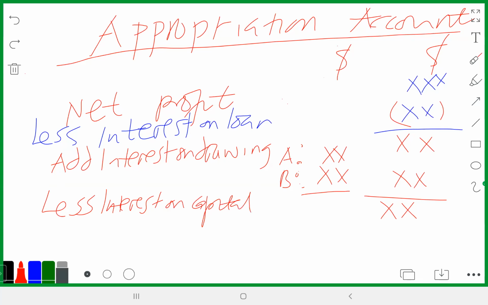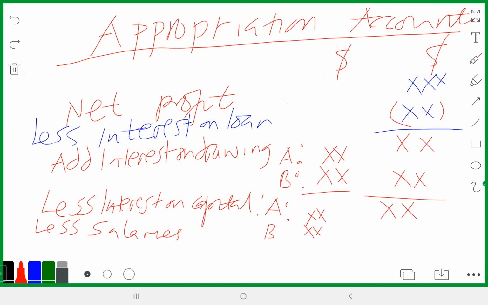This is the format. The format is very important always. So less the interest on capital. Let's say we have 2 partners, partner A and B, so we are lessing their interests on capital. You less the interest for these, and then you can still less the salaries.